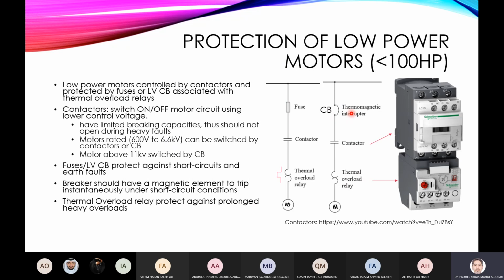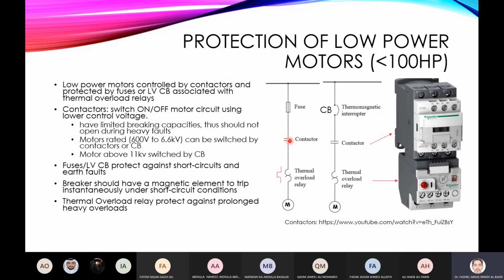And this low voltage breaker is not the breaker that we have covered, which is a mechanical device that needs a command from a relay to operate. It has integrated protection, like thermal and instantaneous elements, like a fuse, operating instantaneously when there is a fault in the motor.